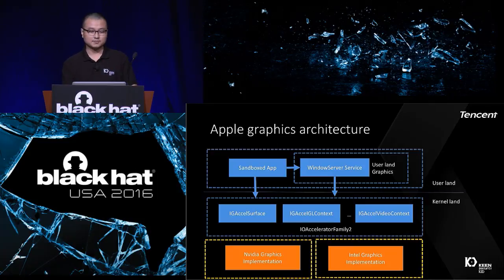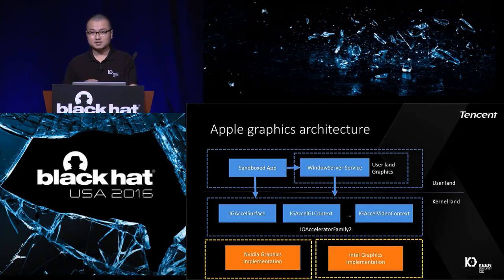Apple Graphics actually contains two parts: the userland and the kernel land. For a sandboxed app, you usually call some IPC interface to the WindowServer service, which is a daemon. The WindowServer daemon will then call the IOKit, in the IOAccelerator family class, and this class is implemented by NVIDIA and Intel graphics.